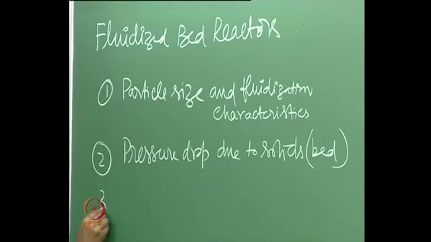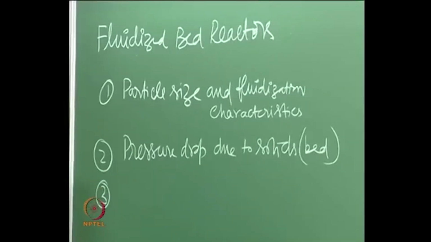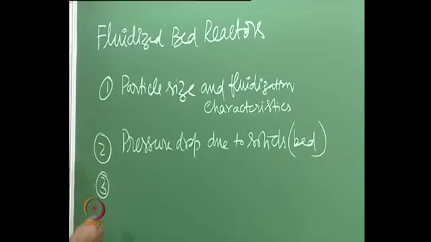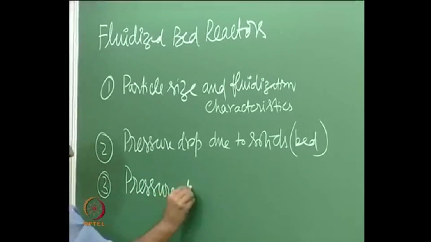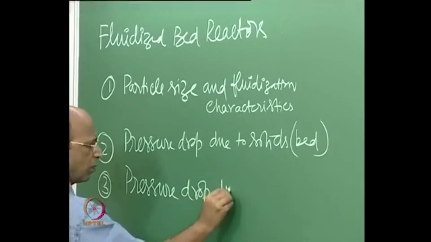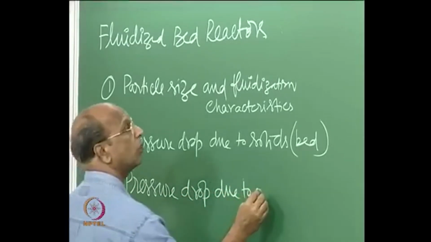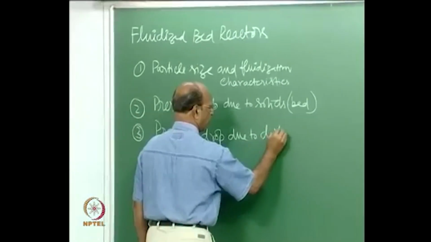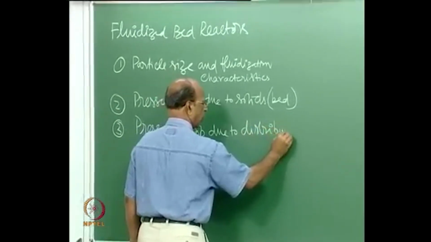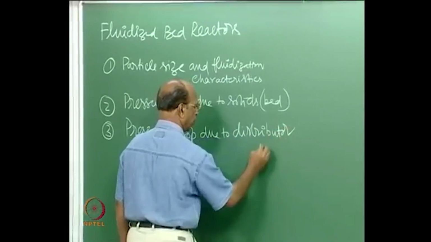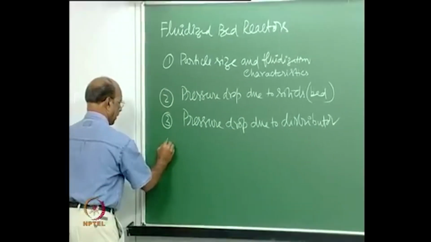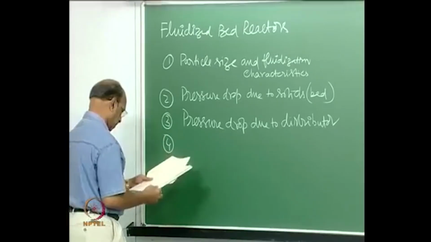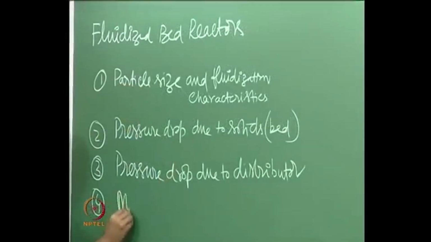Okay. So number three is pressure drop due to distributor plate or distributor, and number four is minimum fluidization velocity.